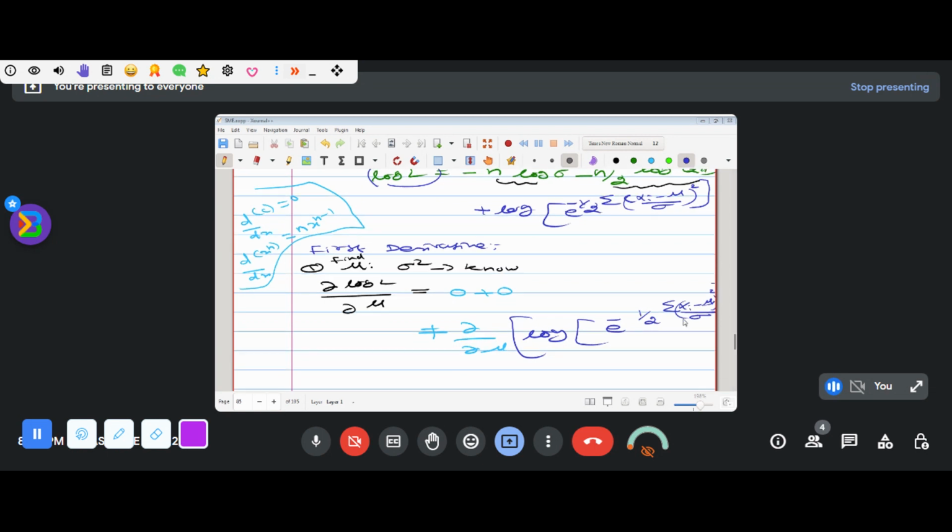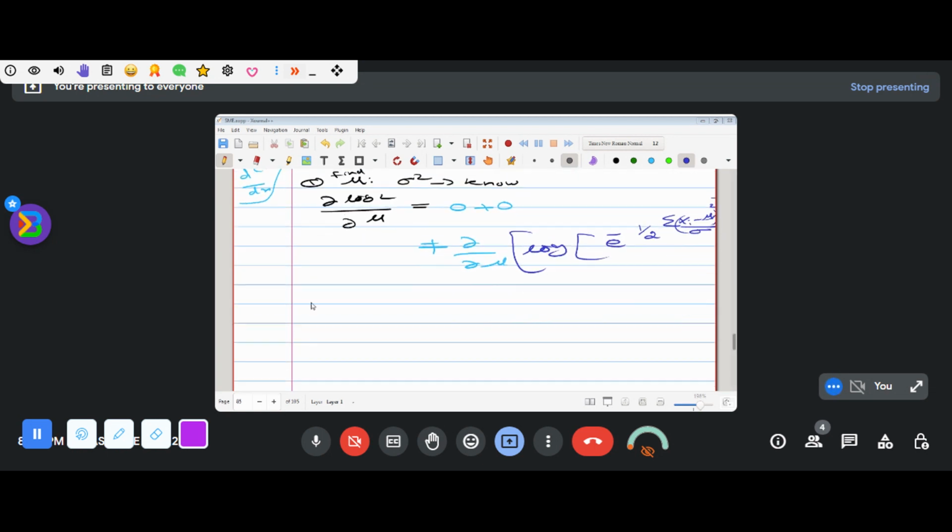Another logarithm formula: log e power x equals x only. Therefore log and e power cancel. We get dou log L divided by dou mu: 0 plus 0 is 0 only. Therefore dou by dou mu of log e power x equals x only, so these two terms cancel.